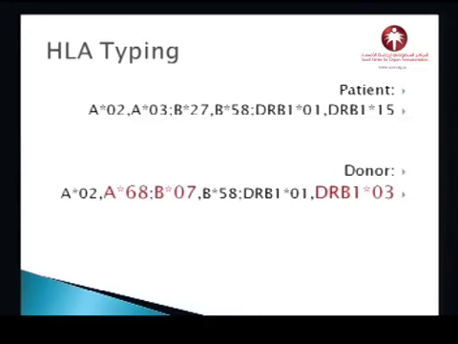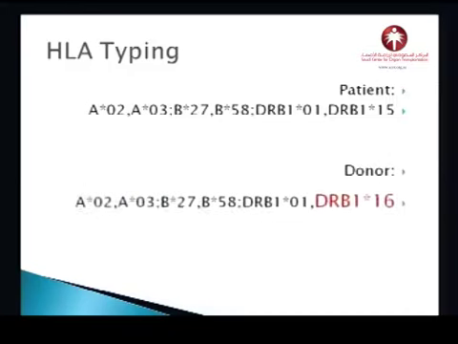But this is a classical A, B, DR, where the patient has a typing of A2, for example, A3, B27, B58, and this is the donor typing. As you can see, there is mismatching in A, B, and DR, and this is like a haplotype. So there are 3 out of 6 mismatches in this case.